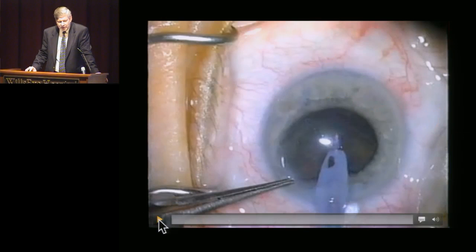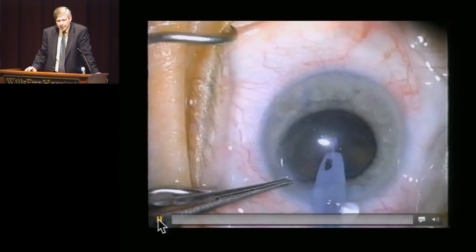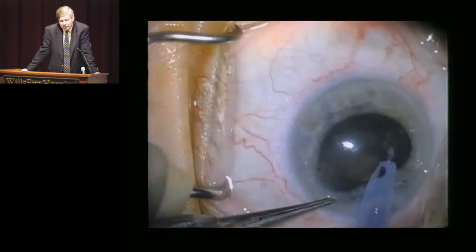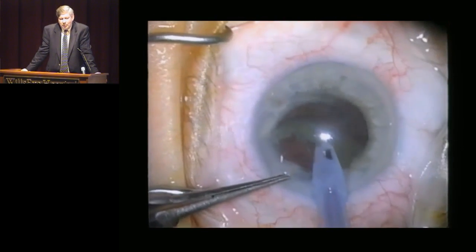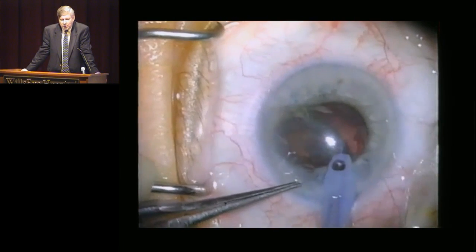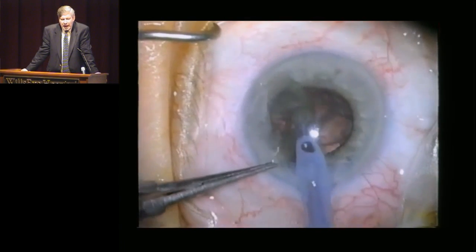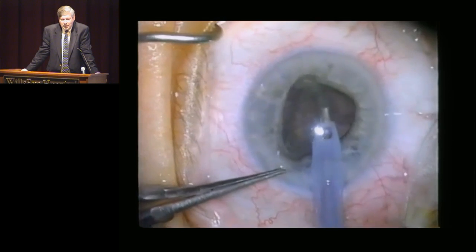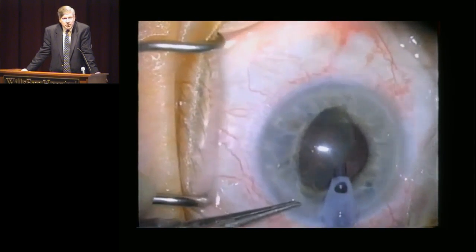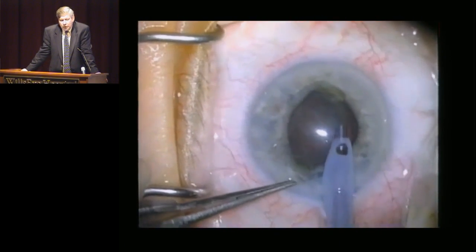This is from Dr. Tyson, one of the members of our staff. You want to watch the edge of the iris and see what happens as flow is being directed throughout the anterior chamber, and especially when it's directed at the iris. You can see it's sort of dancing around here and flopping around like a sheet flapping in the breeze. Two problems with this.